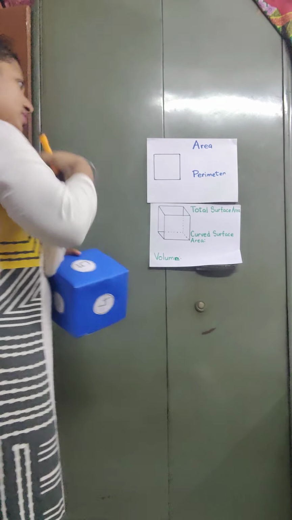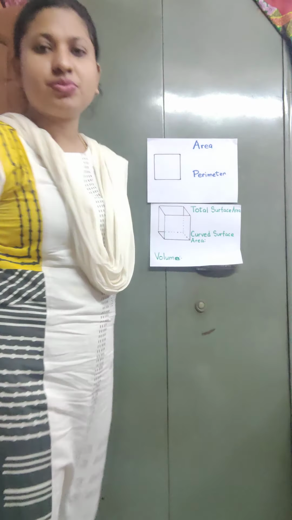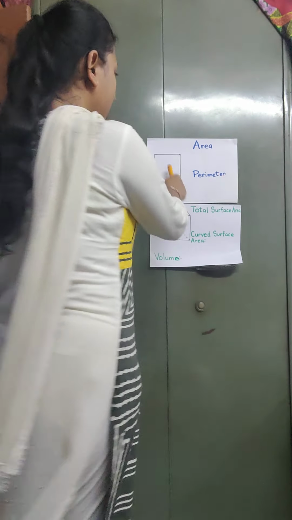If a 2D object is there, we have to find out the area and the perimeter.